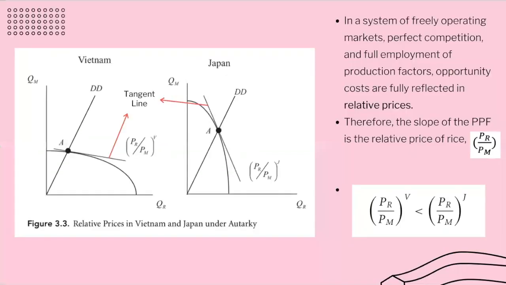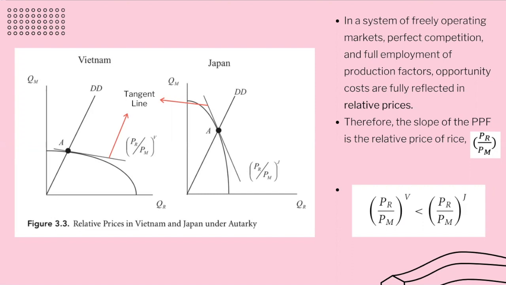In a system of freely operating markets, perfect competition and full employment of production factors, opportunity costs are fully reflected in relative prices. Therefore, the slope of the PPF is the relative price of rice.